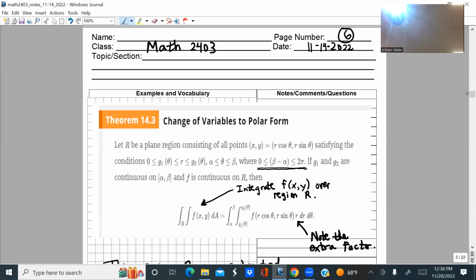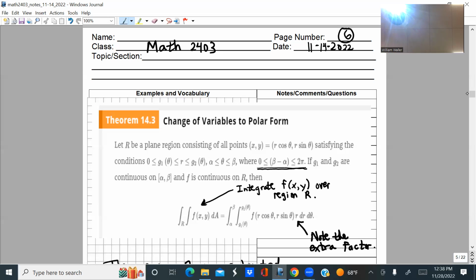Notice now that in your two variable function, you're just plugging in the polar coordinate versions of x and y. x is r cosine theta, and y is r sine theta. So you're taking this function and converting it to polar coordinates, plugging in the polar equivalents for x and y.